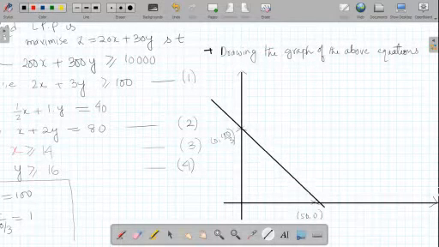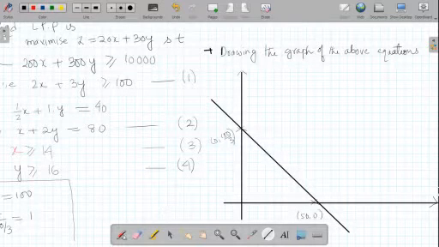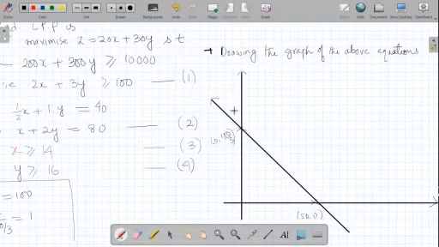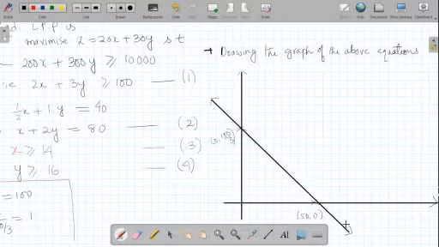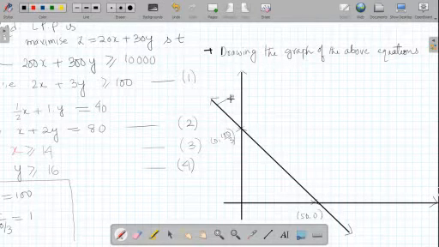Now the region should be greater than, so the region is the side away from the origin.